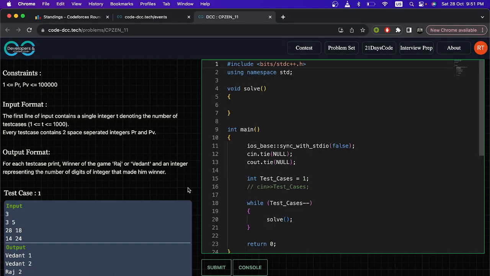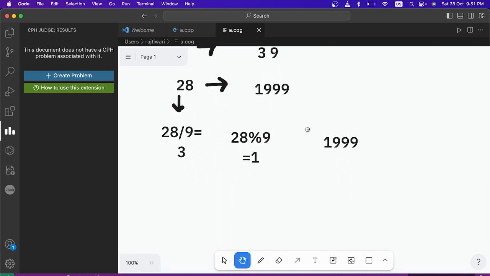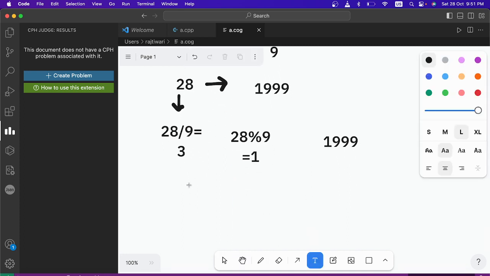And for 18, let me show you. 18 divided by 9, sorry, 18 divided by 9 is equal to 2, so there will be two nines.